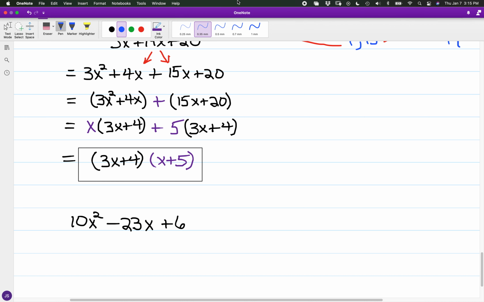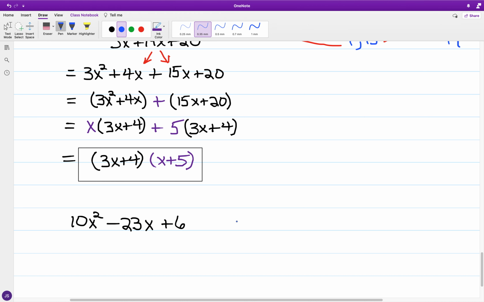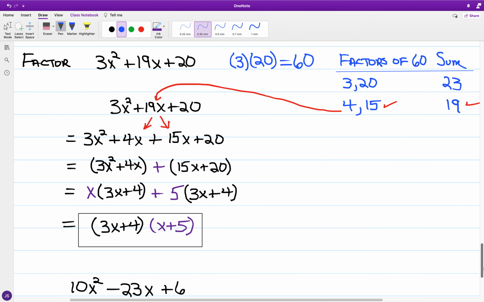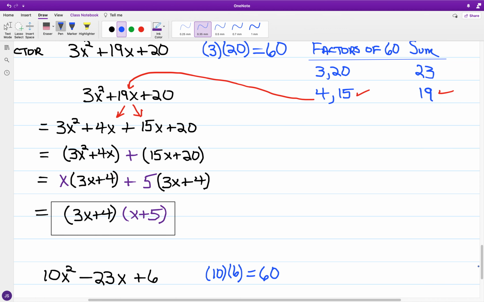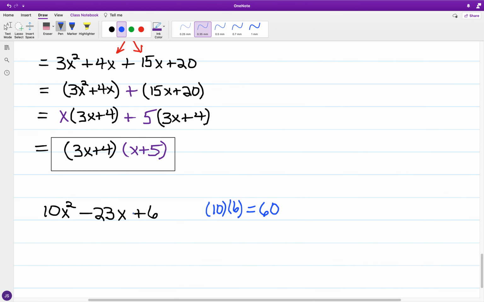For this trinomial, again to initiate the process, we're multiplying the first and the last coefficients. This time we have 10 as the first, 6 as the last. This product is also going to be 60. And this time around we'll be looking at factors of 60 that will add up to negative 23.